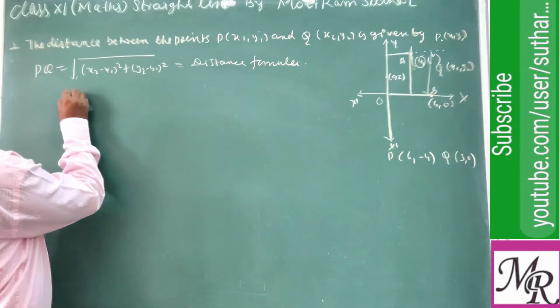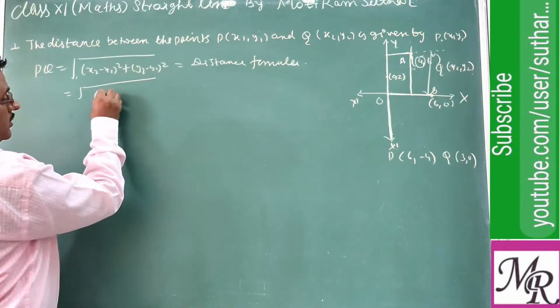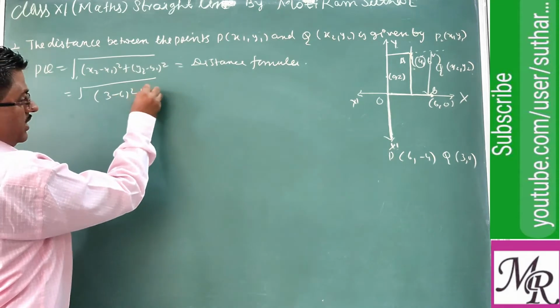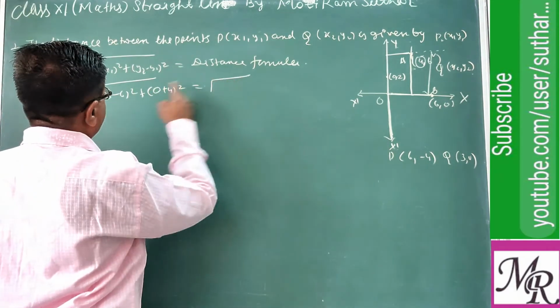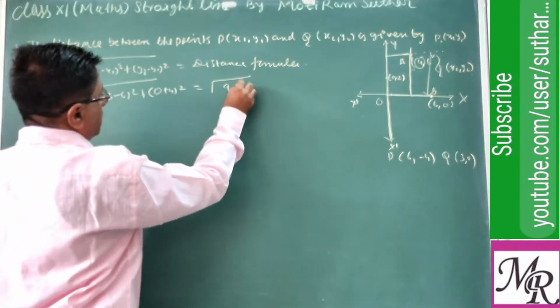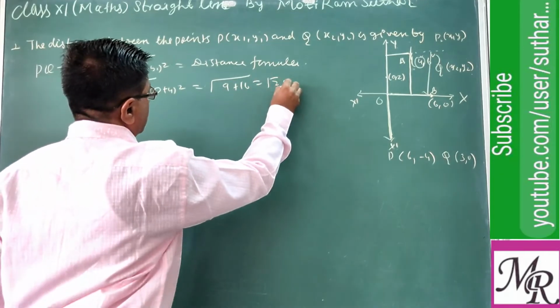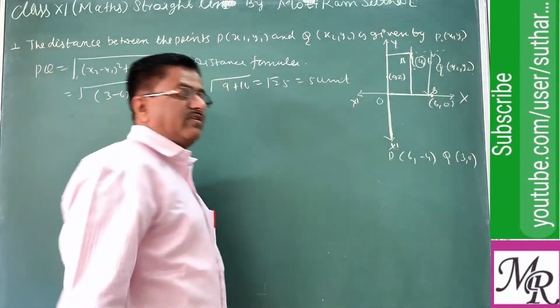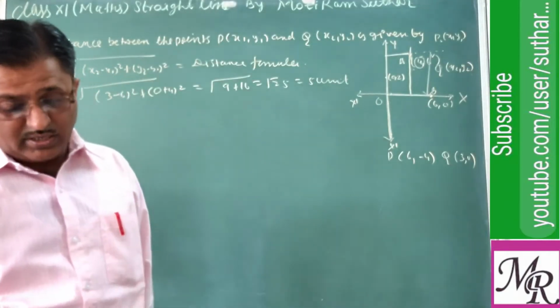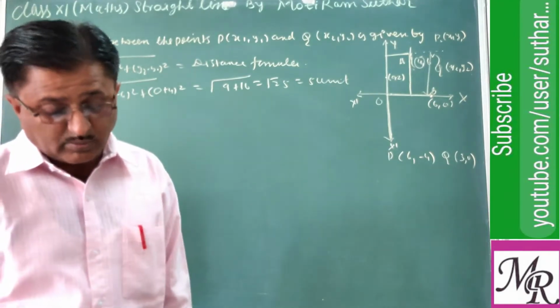So we can say root of (3 minus 6) whole square plus (0 minus minus 4) whole square. So we can simplify: this is 3 square, 9, plus 4 square, 16. So root 25, which is 5 units. So in this way one can find the distance between the 2 points.